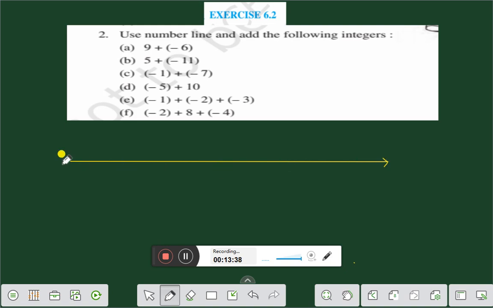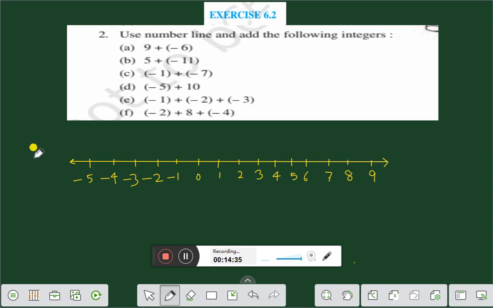Here it is 0, 1, 2, 3, 4, 5, 6, 7, 8, 9, and this is minus 1, minus 2, minus 3, minus 4, minus 5.